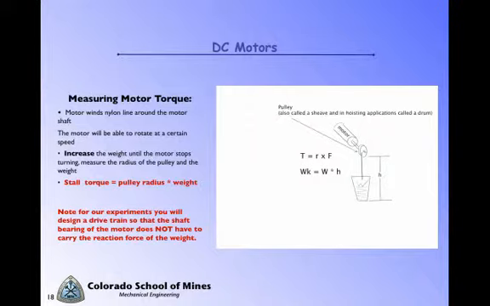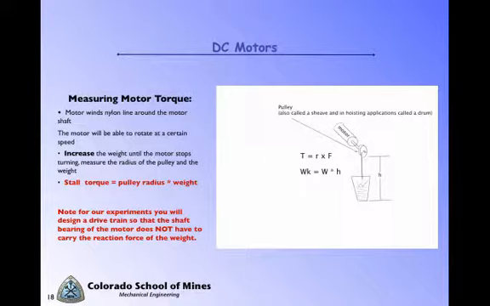And in our case, we're going to build a structure to support the DC motor and build a gear train to offload the direct loading weight away from the motor, and we'll get to that in lab.